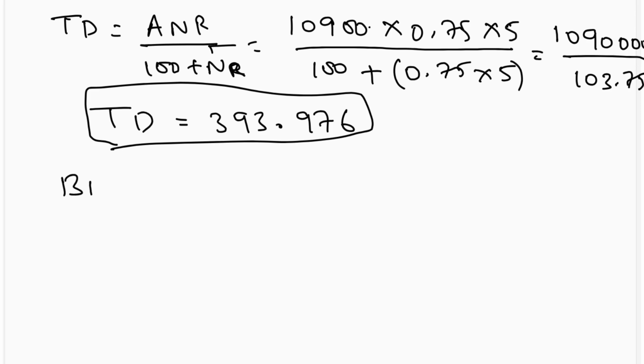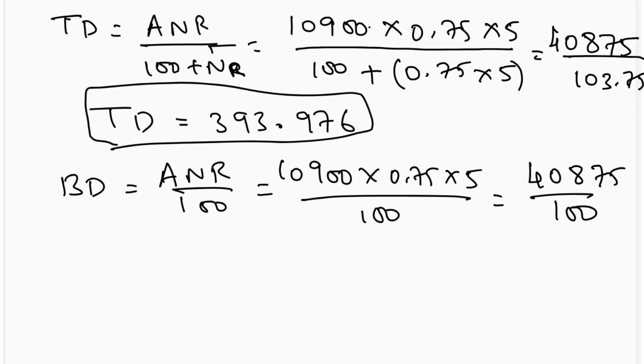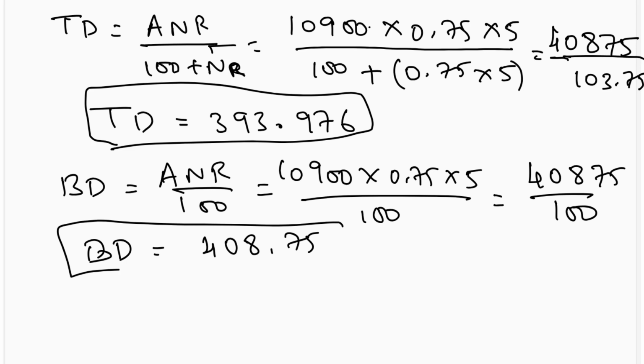Now we'll do the banker's discount. The banker discount formula, you know, is ANR by 100. If you substitute the A value, N value and R value and divide by 100, you multiply with 40,875. Here also it was not 1 lakh, it was 40,875, so make a correction. Divide by 100 and you get the banker discount as 408.75.